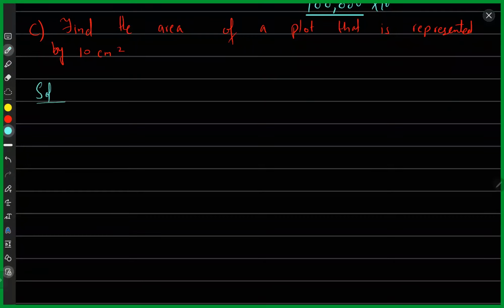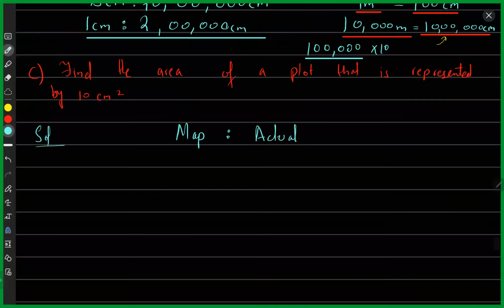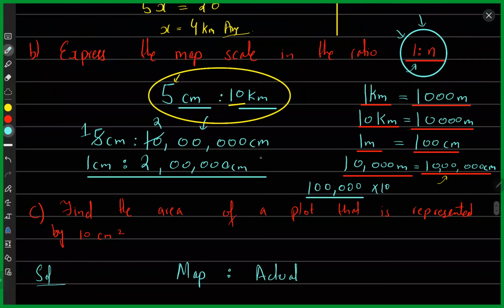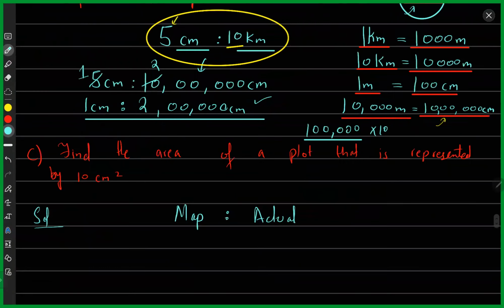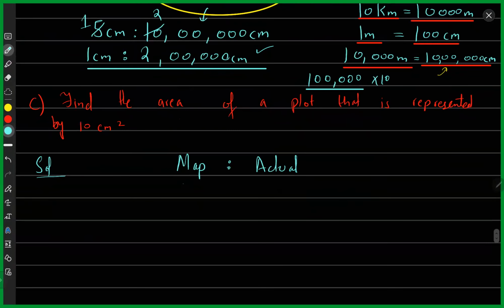Again, this question is about ratios. So map ratio actual. Let's go with the standard one, 5 centimeters ratio 10 kilometers.